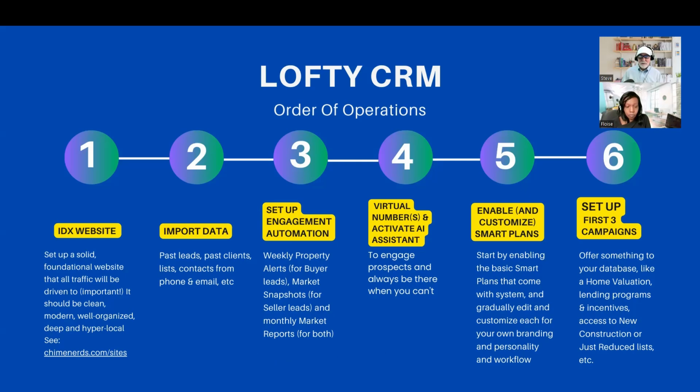Number 5, you want to enable the smart plans that come with the system. There is a whole library of smart plans, but none of them are turned on by default. They can't. None of the systems really do that. It would be a mess if they turned them on. So you have to go in and turn on the ones that you want. You might have to tweak them a little bit, customize them for your exact pipeline stages, because everybody has different pipeline stages.